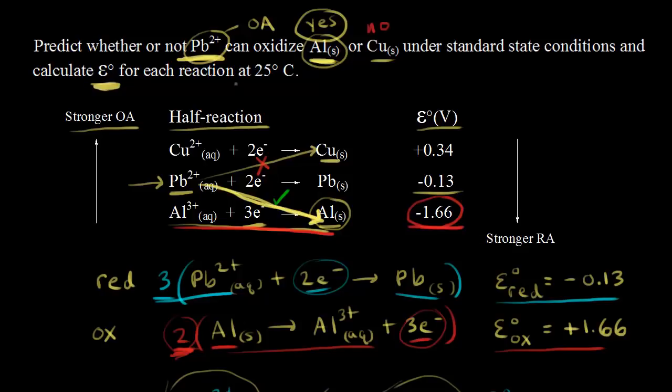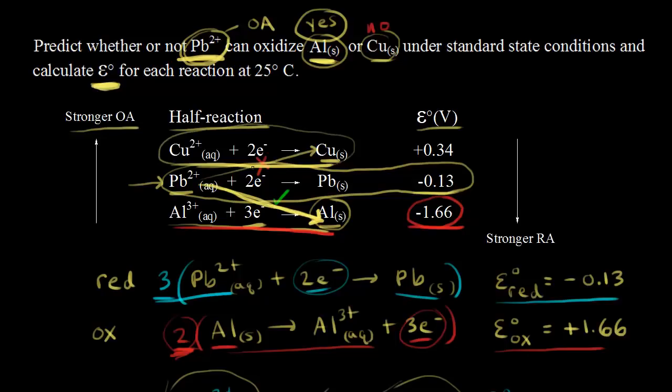All right, next let's do copper. We said that lead-2+ will not be able to oxidize copper. Let's find the standard cell potential to confirm our prediction. We're going to keep this half reaction for lead, and then for copper we need to reverse this half reaction as it's written.